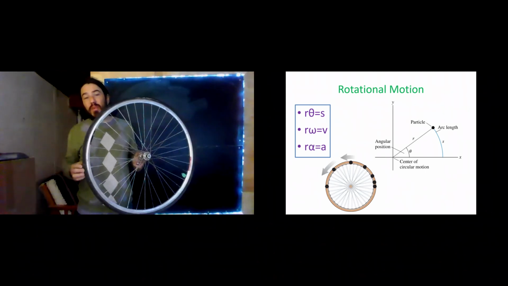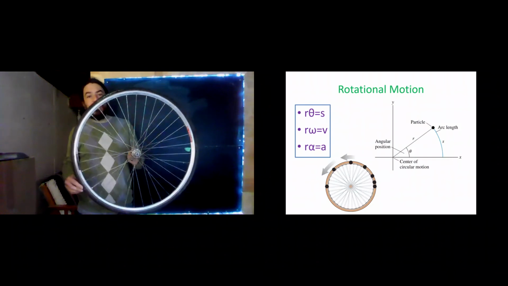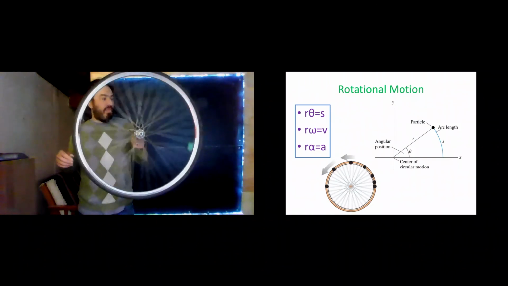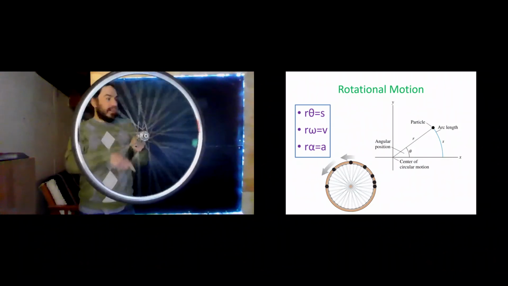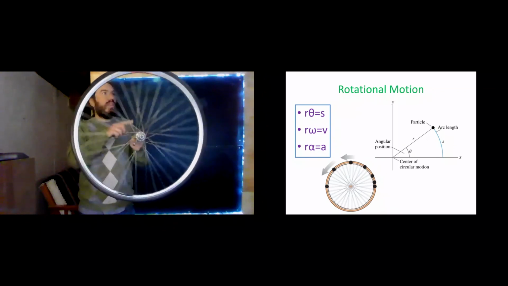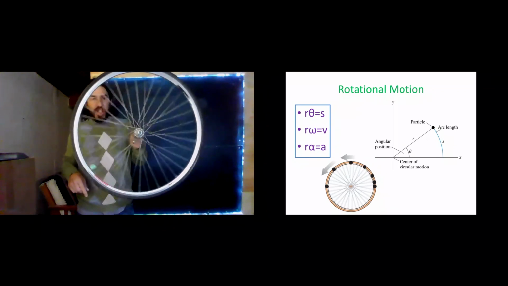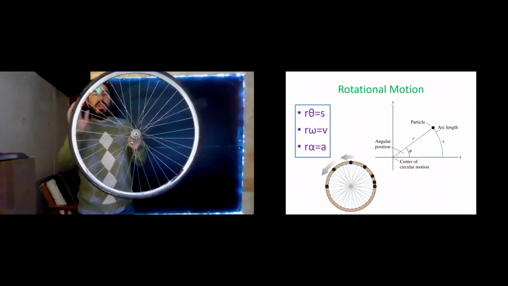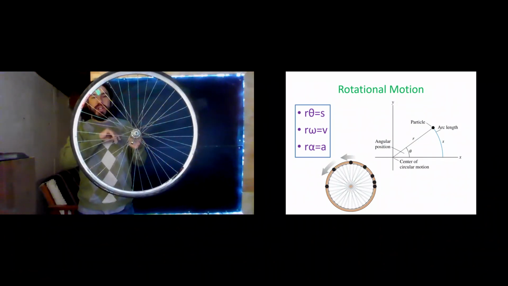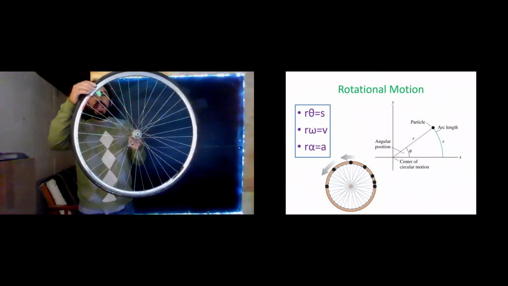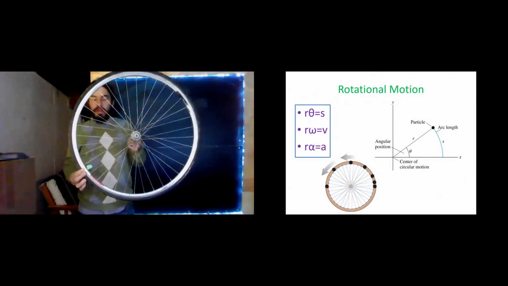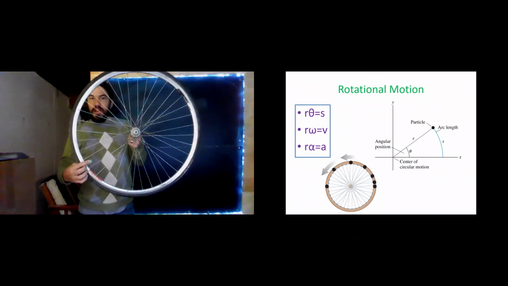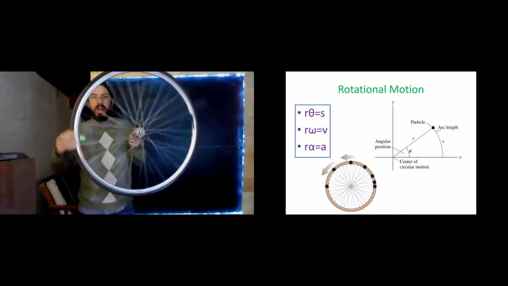So in this context, the way these equations end up getting used is, if we focus on some point here, and I've taped my valve stem here in green tape to hopefully make it show up a little bit better, we can use these relationships to compare the angle that the wheel went through to how far this valve stem went.